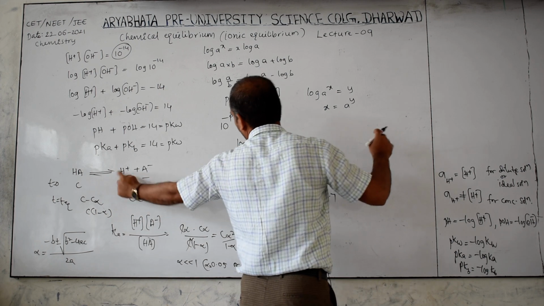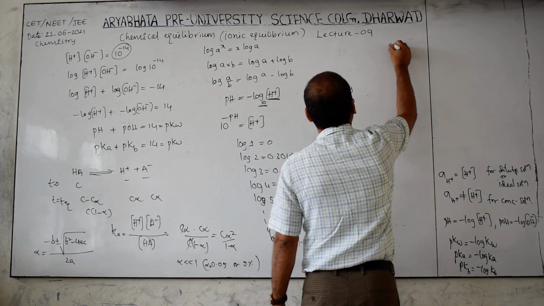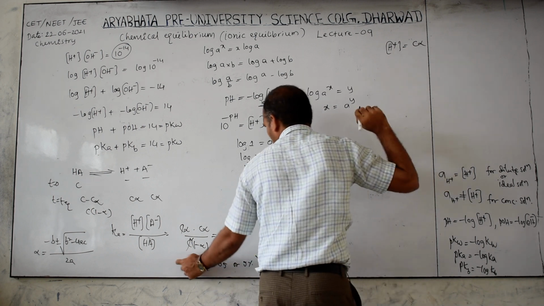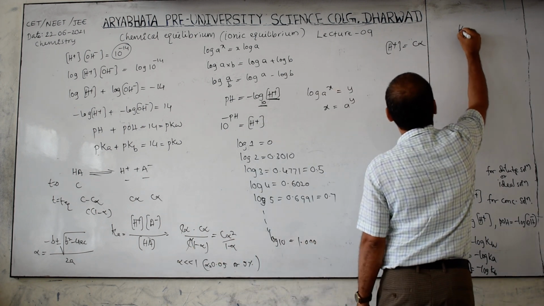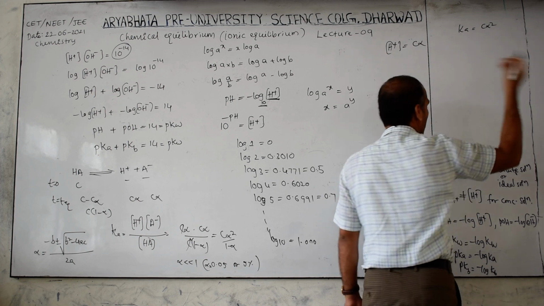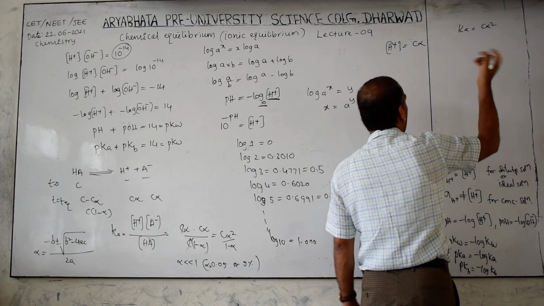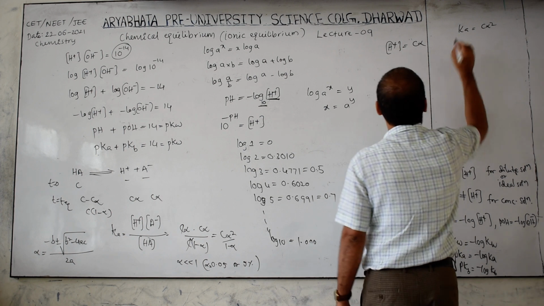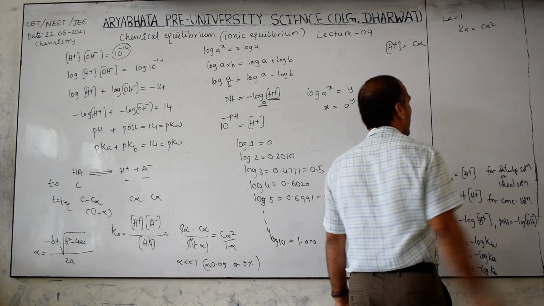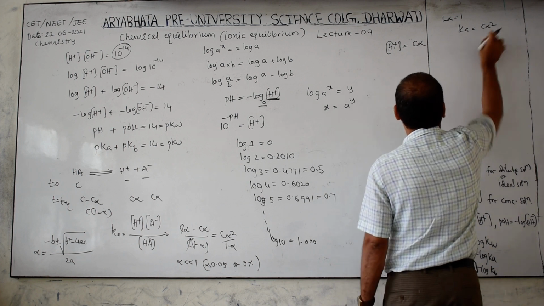Okay, based on this, the H plus concentration is equal to C alpha. According to this equation, Ka is equal to C alpha square by 1 minus alpha. Alpha is less than 1, meaning 1 minus alpha is equal to 1 because alpha is very small. Therefore, the denominator becomes 1.